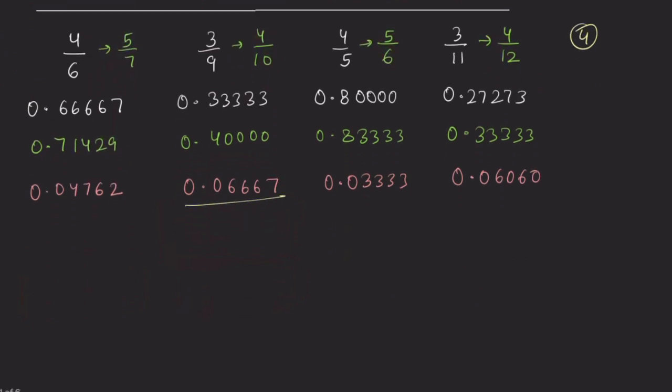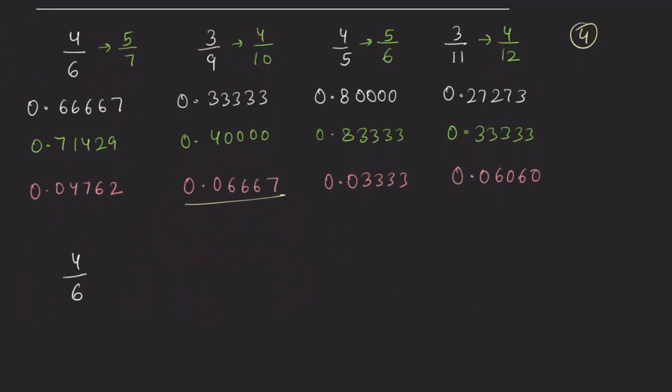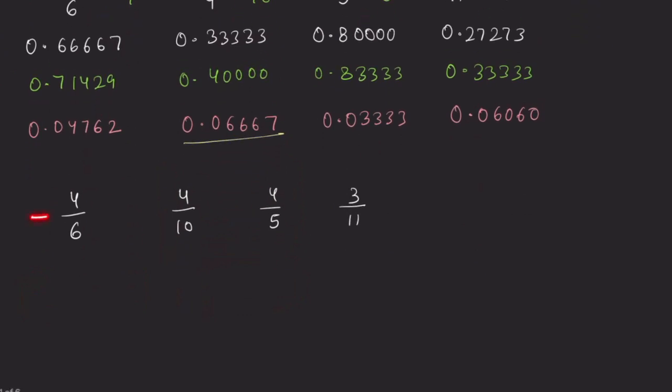So now the new values are 4 and 6, 4 and 10, 4 and 5, 3 and 11. So after assigning the four extra students, this is what our passing students and total students for each class look like, right? Now what we can simply do is find out the average that we are getting. So first, let's find out the pass ratio for all these. So this will be 0.66667, right? Then this one will be 0.40000.